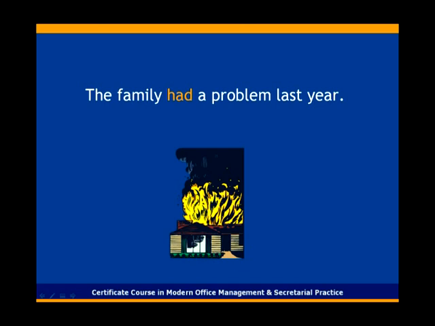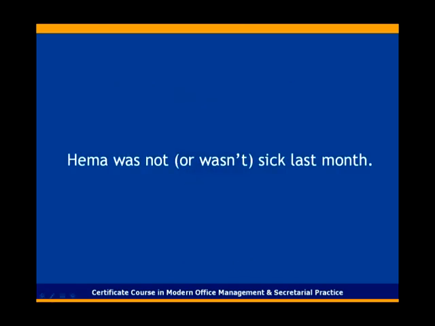The same examples, if written in a negative form, would be as this. Hema was not or wasn't sick last month. The twins were not or weren't happy. The family had no problem or hadn't any last year.